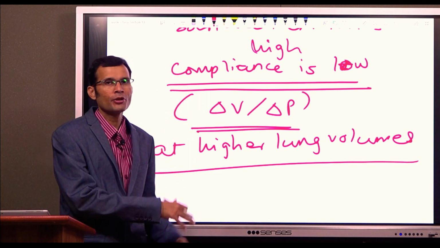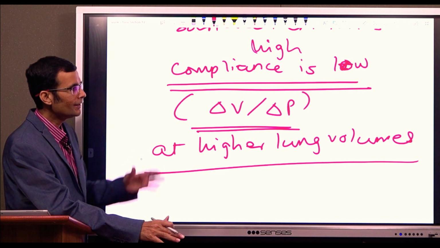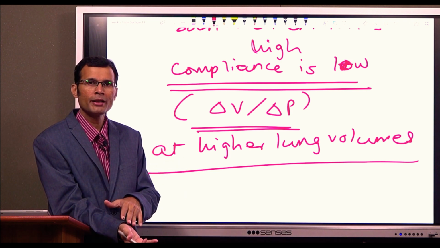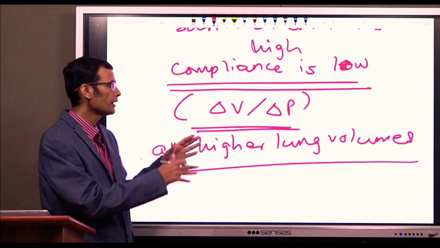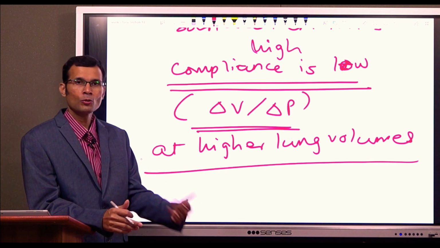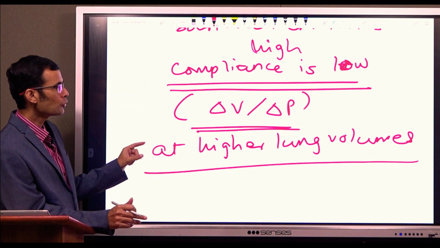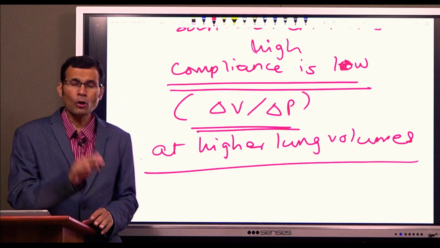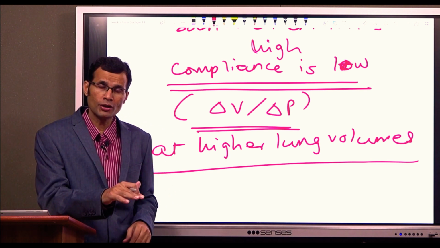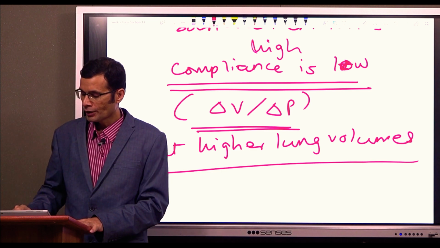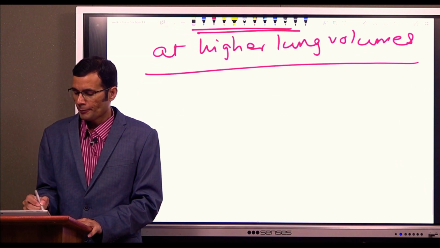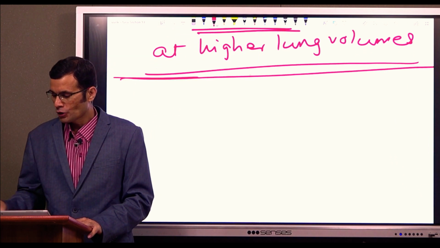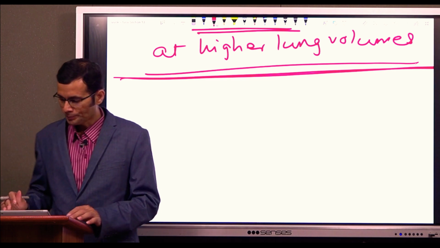When you exhale out, you are near the lower lung volumes. Less volume remaining or more volume remaining, based on that we call either lower lung volumes or higher lung volumes. So near the higher lung volumes, the compliance is poor, it's less. Now that is called the dynamic compliance.